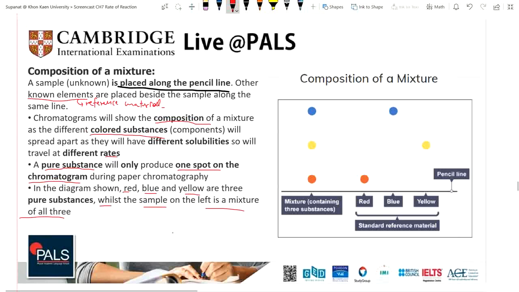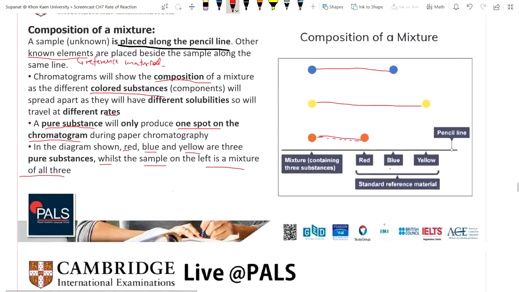If the 3 substances match with the standard reference here, we can tell the composition of the mixture. We can identify it by having the standard reference material.